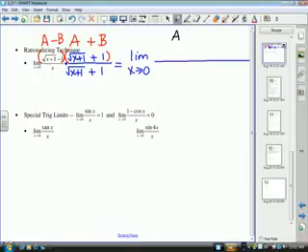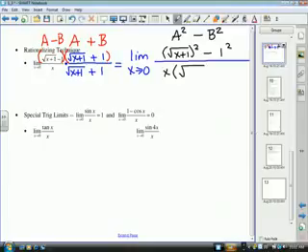So when we do difference of two squares, we get a squared minus b squared. If you want to write this down, you may. I personally would not include this step, but this does help some people. What are you going to get when you square those two things?